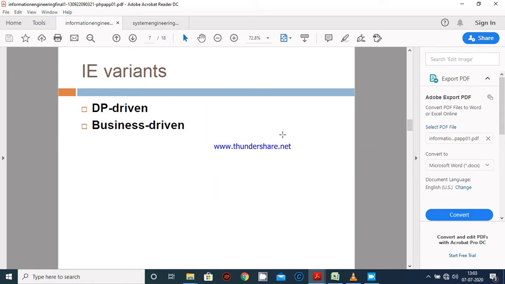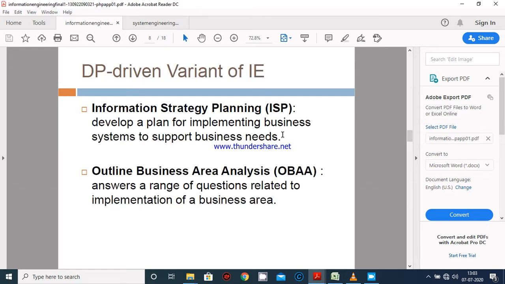These are the information engineering variants, like the DP-driven variant and the business-driven variant. The DP-driven variant of IE includes ISP, that is information strategy planning. The second one is OBA, that is outline business area analysis.